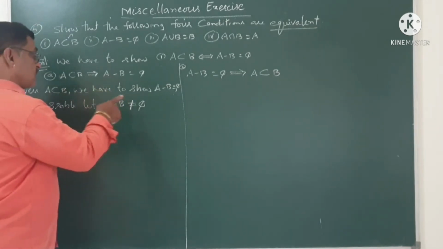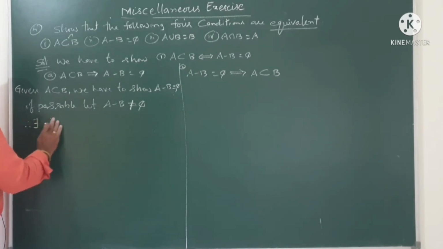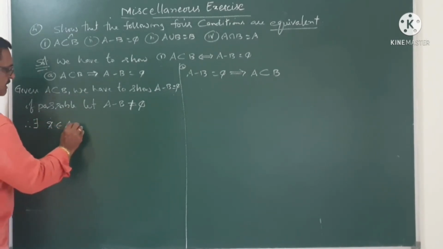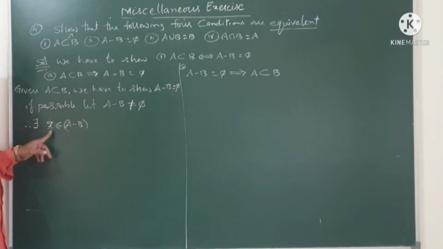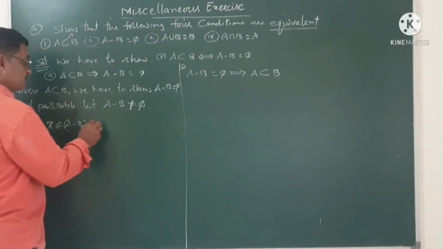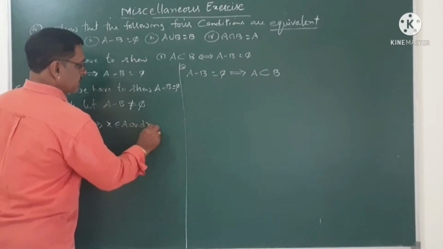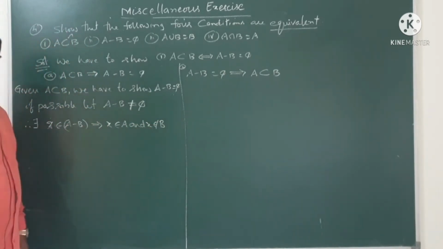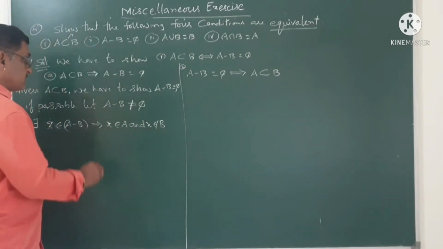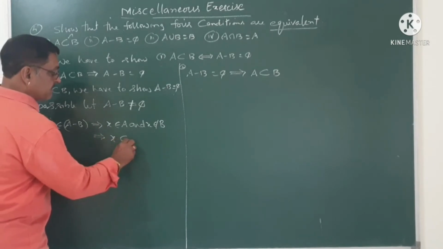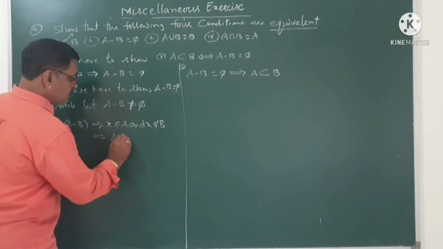And A minus B is not equal to phi means, therefore, there exists x belongs to A minus B. The symbol is there exists x belongs to A minus B. This implies x belongs to A and x does not belong to B. What is the meaning of this? A is not a subset of B.